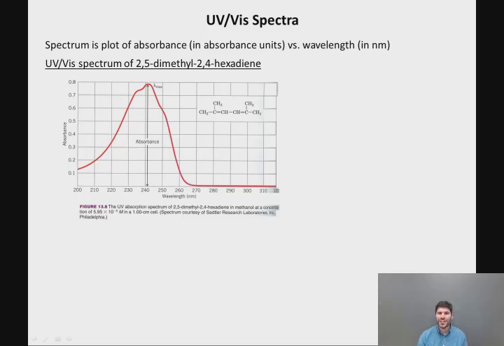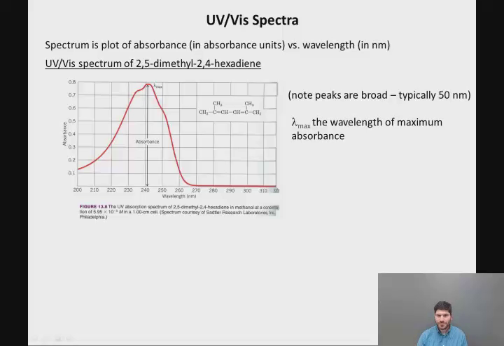It's a conjugated diene. What is important, first of all, is that there's one peak in this spectrum, and that peaks in the UV-Vis spectrum are typically quite broad. They're normally about 50 nanometers wide, so you can see that the peak here starts around 210 and ends at 260.